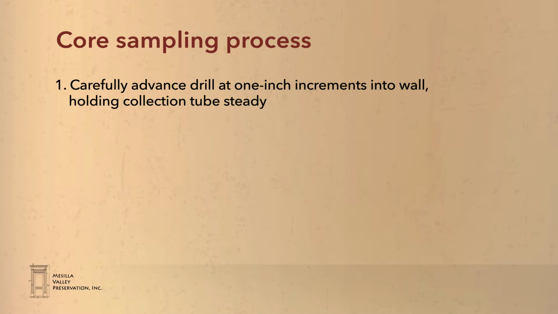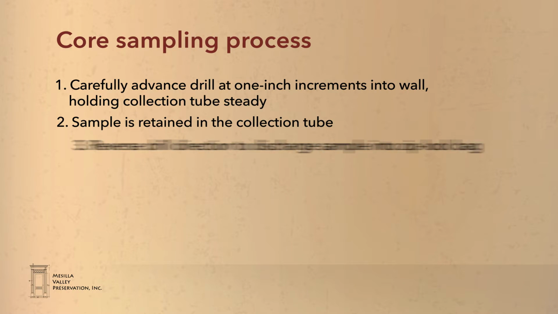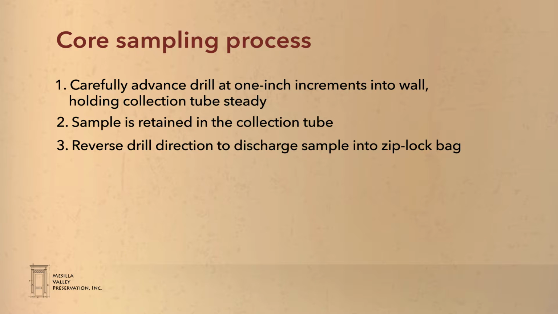The core sampling process involves carefully advancing the sampling tool into the wall in 1-inch increments, while holding the collecting tube steady. The sample is then retained in the collection tube. Removing the sample from the collection tube is as simple as reversing the drill direction while holding onto the collection tube. The process has the function of homogenizing the sample into a fine powder.